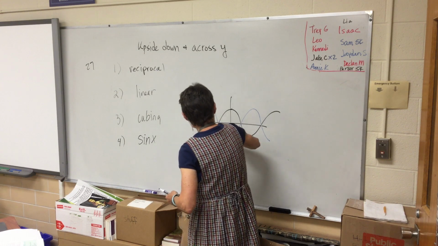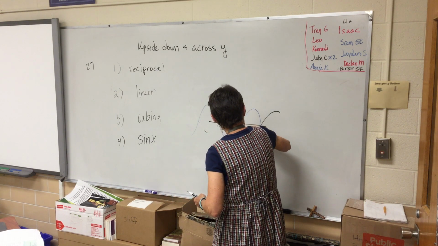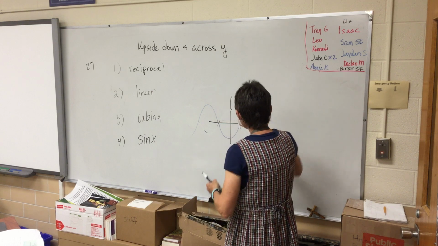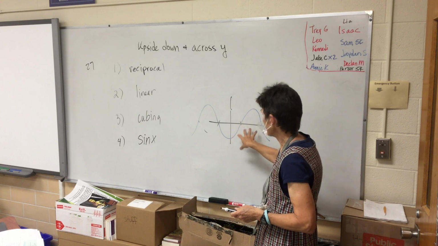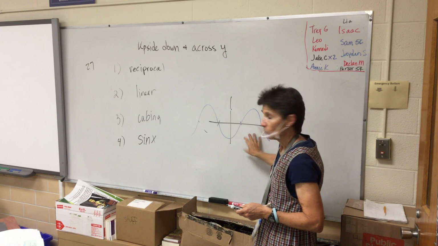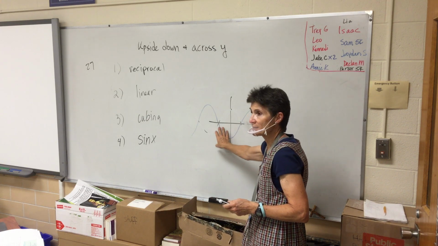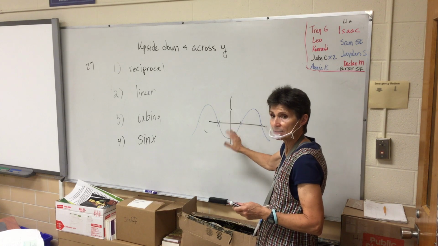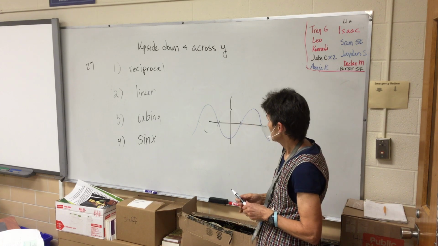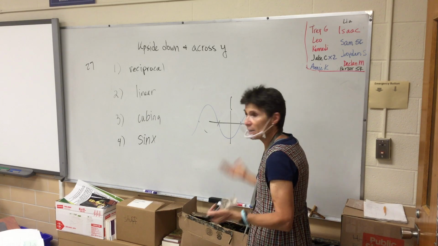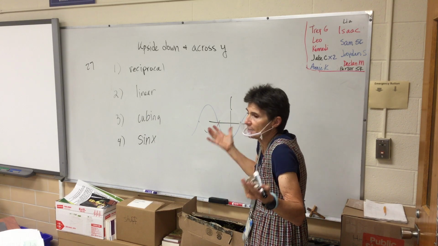That's the upside down. And then when I fold that across the y-axis, does that change? When I fold it across the y-axis, doesn't it just stay right where it is? So no, it doesn't do it. Okay, see how we figured that out though? We just tested them.